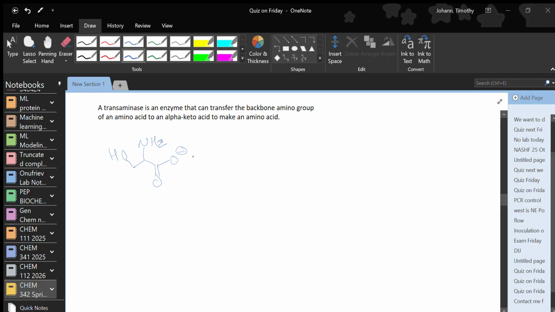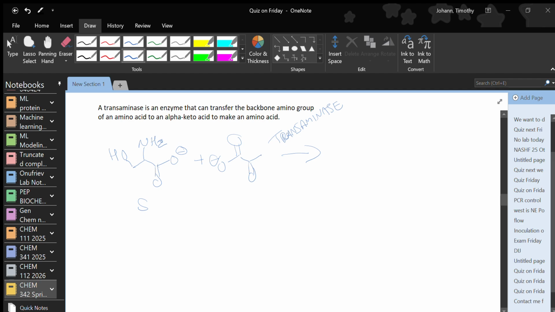Okay, I've got serine, and I could react that with pyruvate. And that's going to have a transaminase. Now, there are a bunch of different named transaminases.